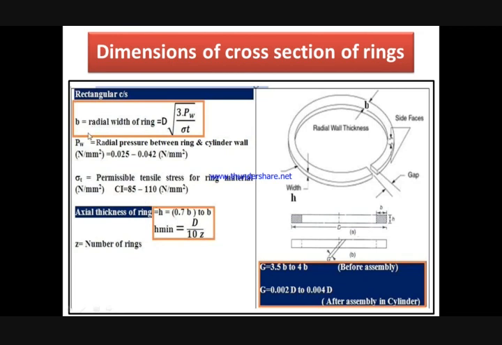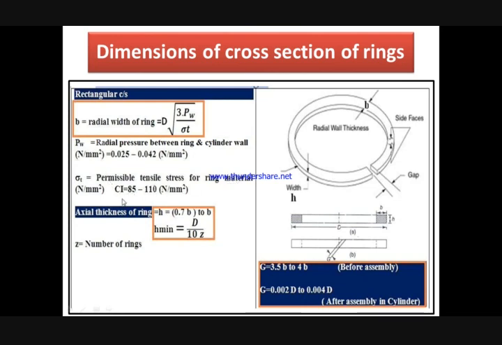So radial width of the ring B is given by B equal to D into square root of 3 Pw by sigma T, where Pw means the radial pressure between the ring and cylinder wall. Its value ranges from 0.025 to 0.042 Newton per mm square, and sigma T means the permissible tensile stress for the ring material.